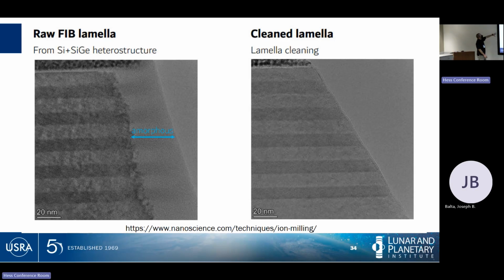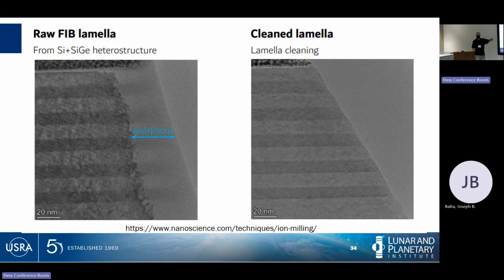Okay, here is from a FIB section with an amorphous zone right at the tip from when that was cut. This is a similar surface that has been cleaned by ion milling. So down to, what's my scale bar here? 20 nanometers, okay? I have cleaned off a 30 nanometer thick zone to make this work.